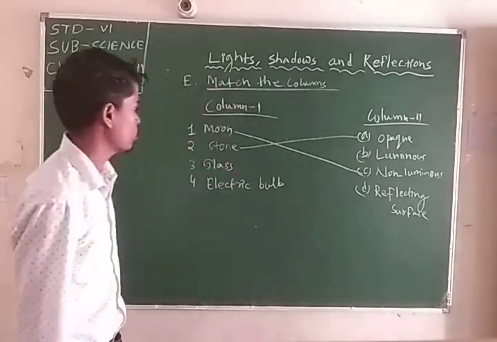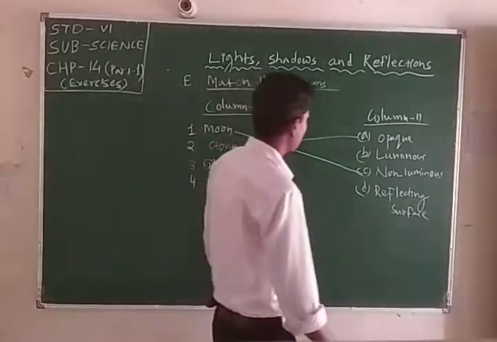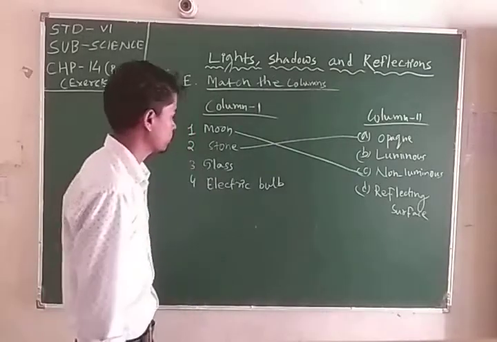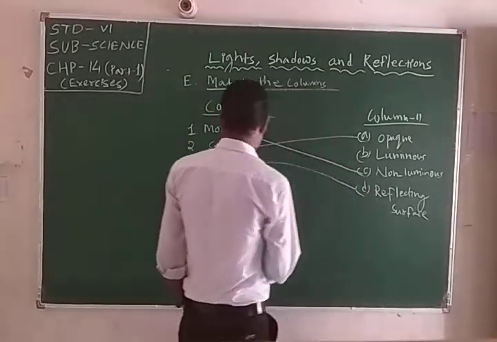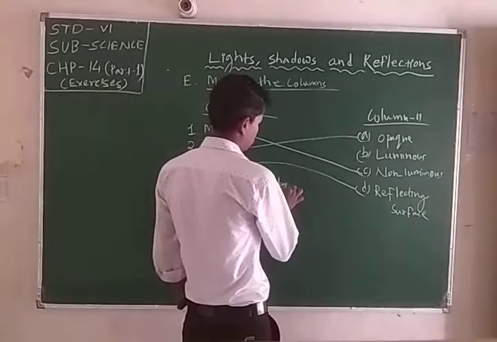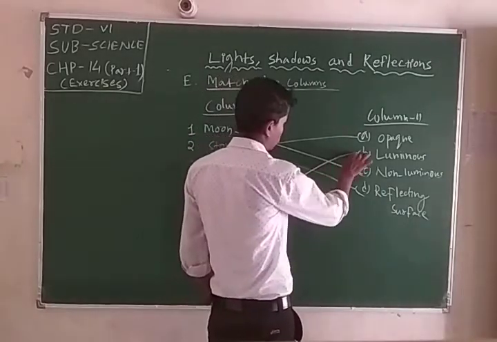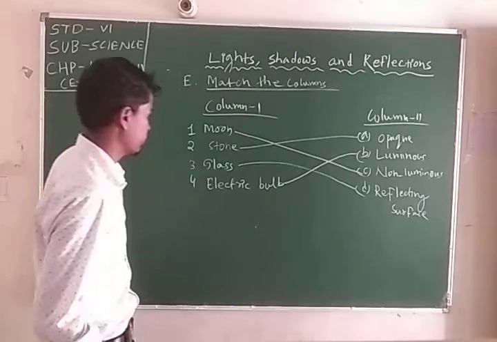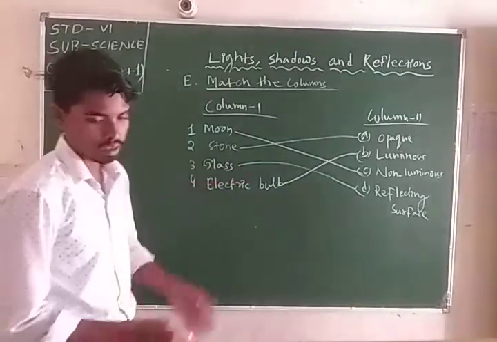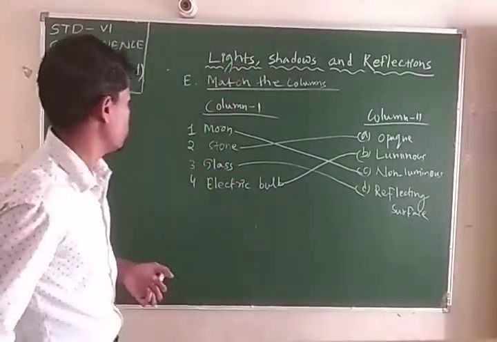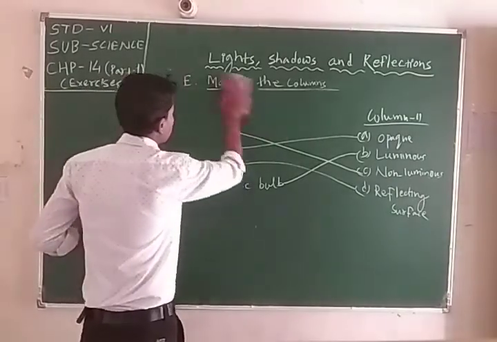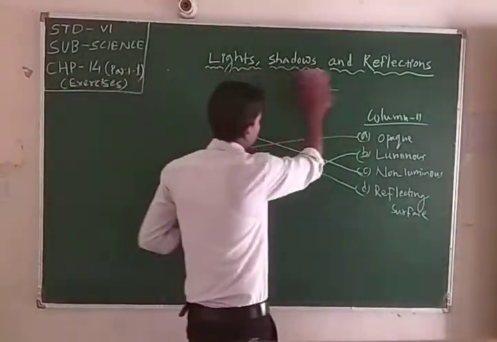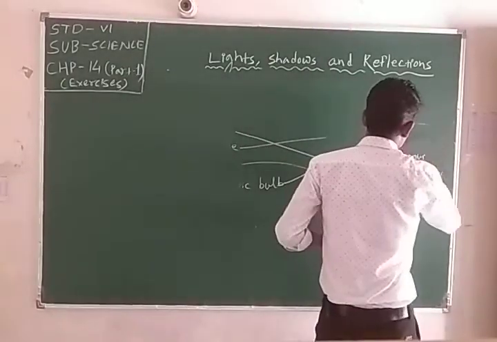So student, you have to find glass as a reflecting surface, and the electric bulb is luminous, because it has its own light. So you have to do the matching. Next, we have short answer type, very short answer type questions.